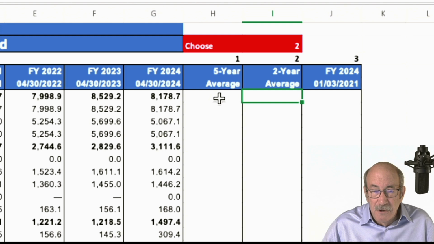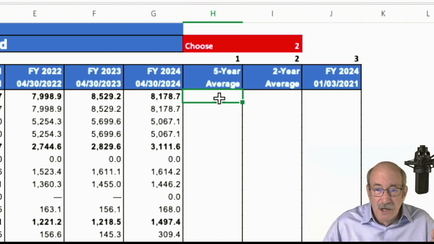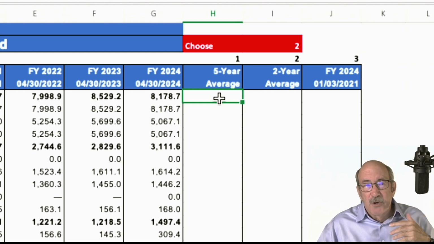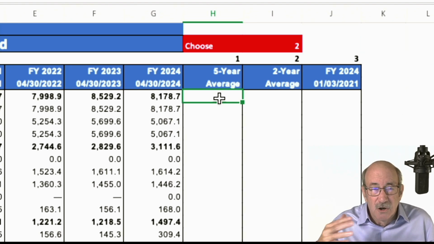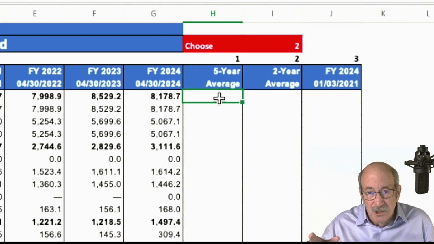Here I'm going to do a 2-year average, so that would be the 24 and the 23 fiscal years. And then here I'm doing a 5-year average. So I'm getting the percent of sales for all of the income statement accounts, and then the current assets and the current liabilities as a percent of sales on the balance sheet.